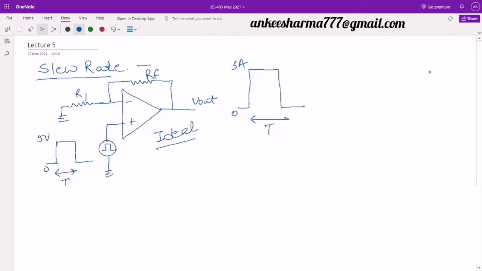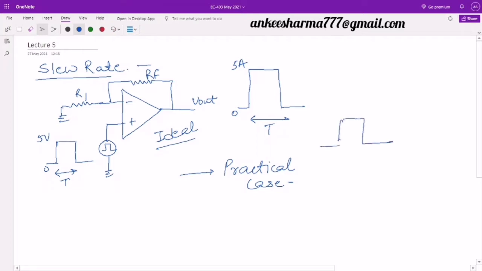But in practical, this is not the scenario. In practical, definitely the output will take time to change its value from 0 to 5 volt. For example, the practical case: what I will see is that if my input was changing from 0 to 5 volt in a single instant of time, then definitely at this point it will take time to reach a particular voltage.